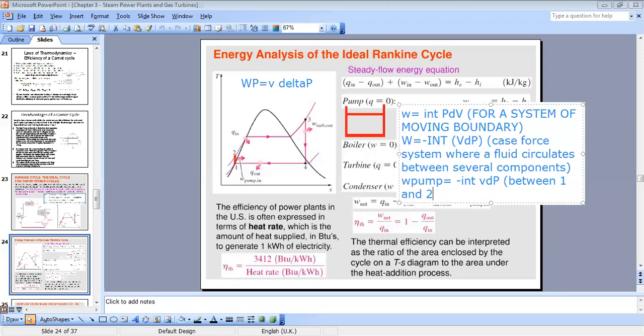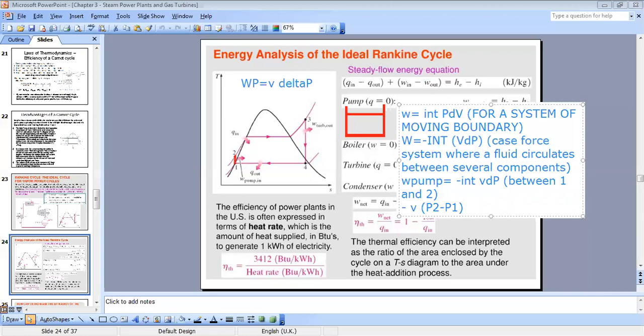Okay. So here, if I apply the formula for the pump, since V is constant, I can take it outside. So it's minus V times integral dP. What is integral dP? It's pressure. Okay, so it's minus V times P2 minus P1. Okay, and of course, pressure at 2 will be much higher than pressure at 1 because I am compressing.